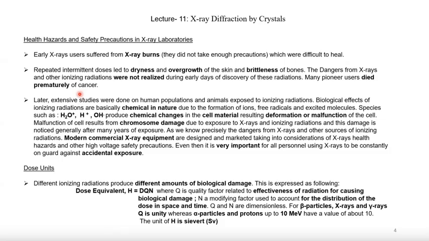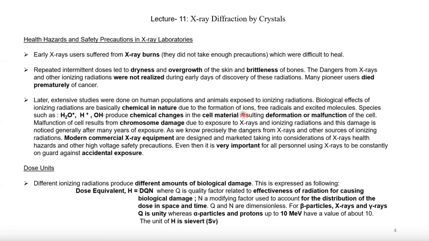Later, people started studying extensively, on human populations and animals, what happens when ionizing radiations are absorbed. This is the biological effect of ionizing radiation, and it is basically chemical in nature.